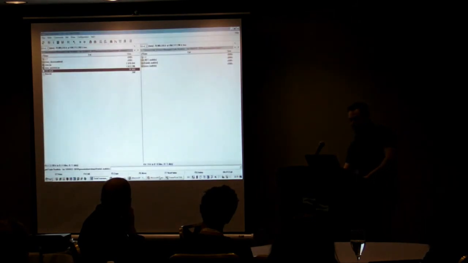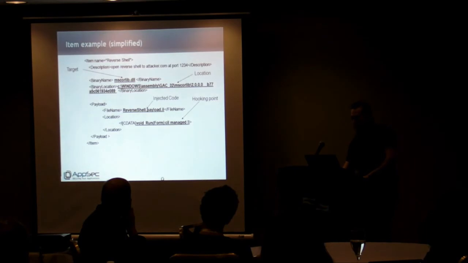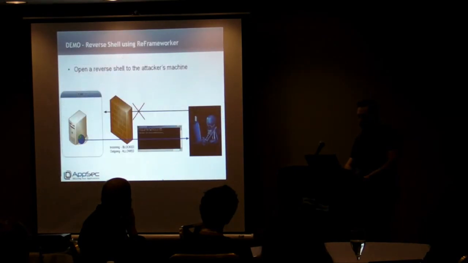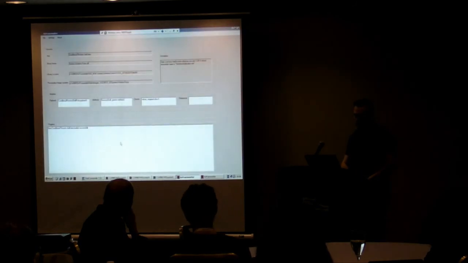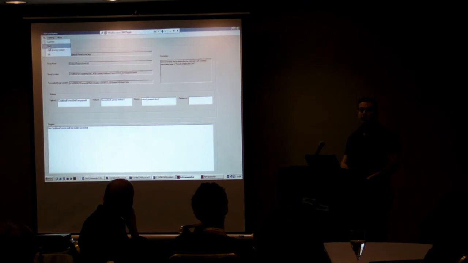For those of you who don't know, a reverse shell says, well, I cannot connect to the affected machine, but I can instruct the affected machine to connect back to me. This is usually in a scenario in which you have a firewall that blocks incoming connections, but does not block outgoing connections. Okay?